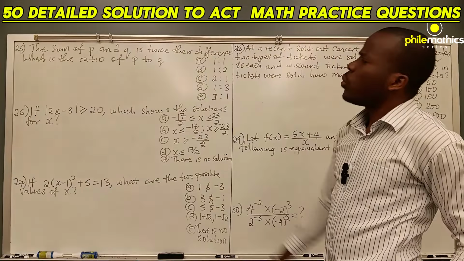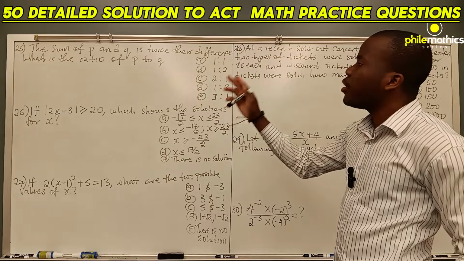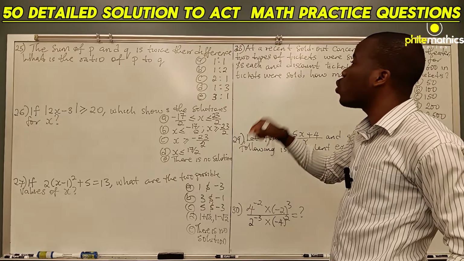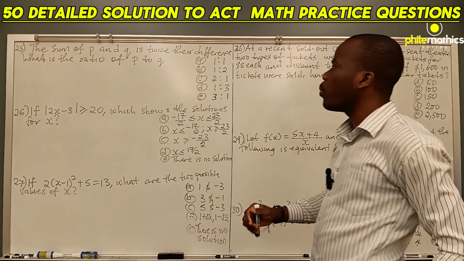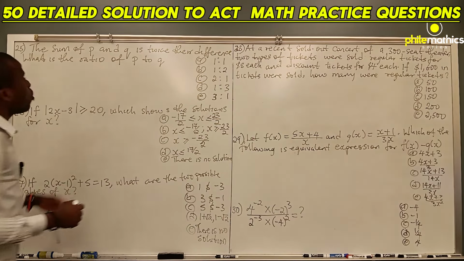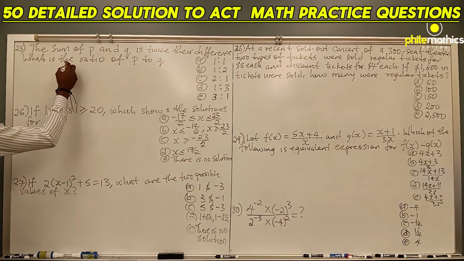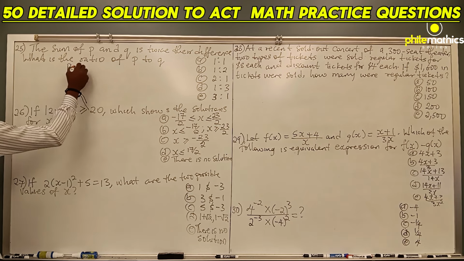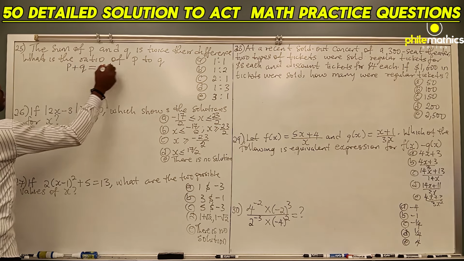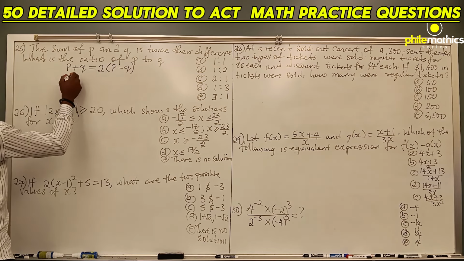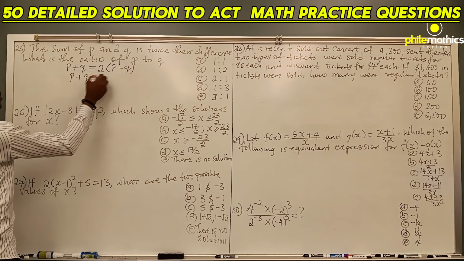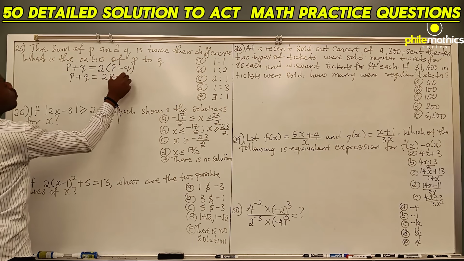For question 25, the problem says the sum of P and Q is twice their difference. What is the ratio of P to Q? The sum of P and Q is P plus Q. The sum is twice their difference, P minus Q. So let's simplify. P plus Q equals 2P minus 2Q.